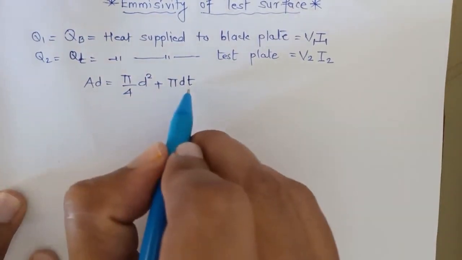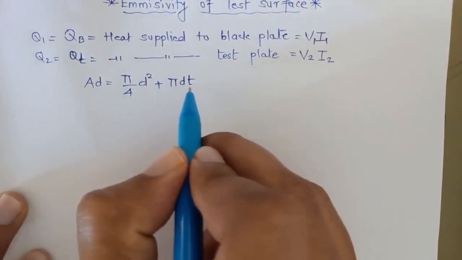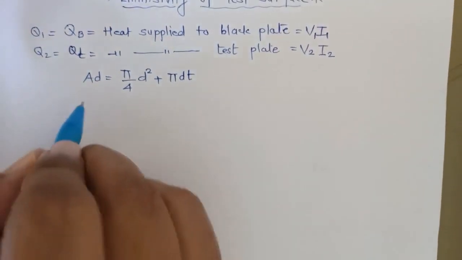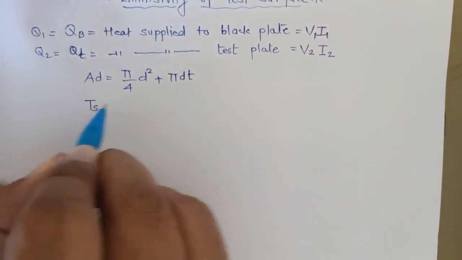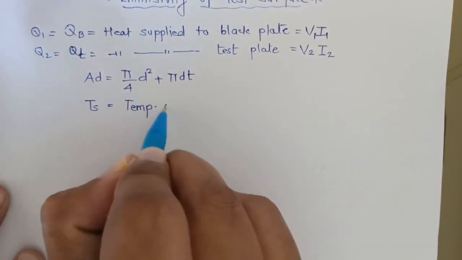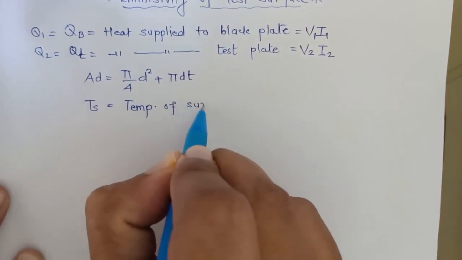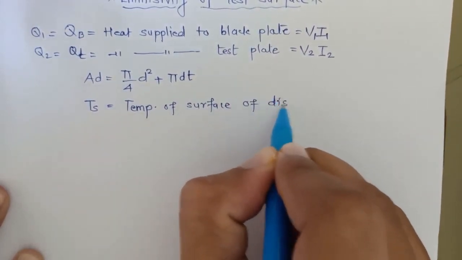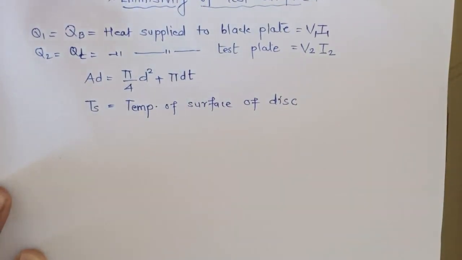This t will be the thickness of both the plates, and it will be the same. All right. Then we will designate one important quantity, Ts, the temperature of the surface of the disk. And remember, this will be the same for the black plate as well as the white plate or test plate.